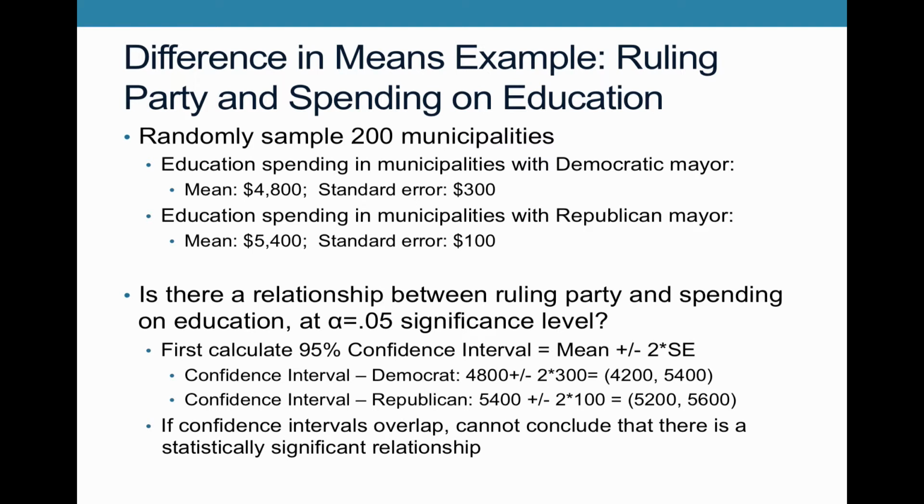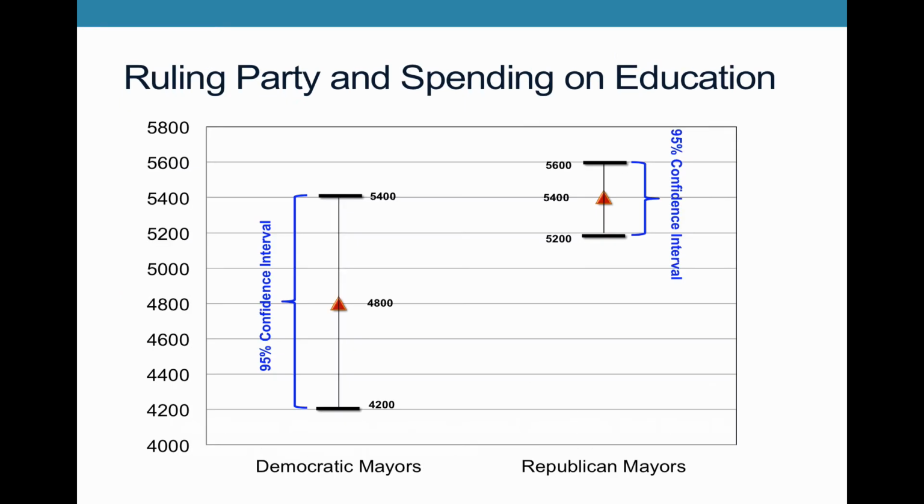So if the confidence intervals overlap, we cannot conclude that there is a statistically significant relationship. So here I've mapped out what this actually looks like to visualize a little bit better, right? So here we have the Democratic-led municipalities. And again, I said the 95% confidence interval was between $4,200 and $5,400. So here's the mean of our sample right there.